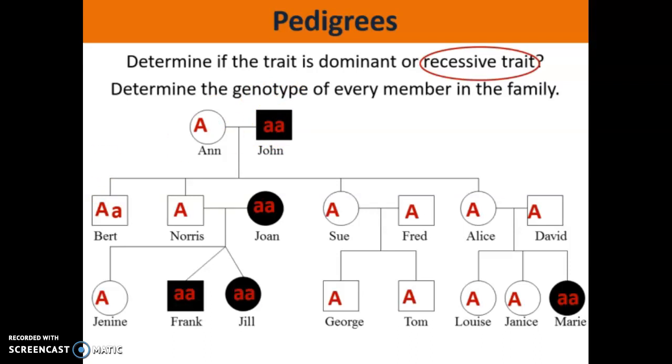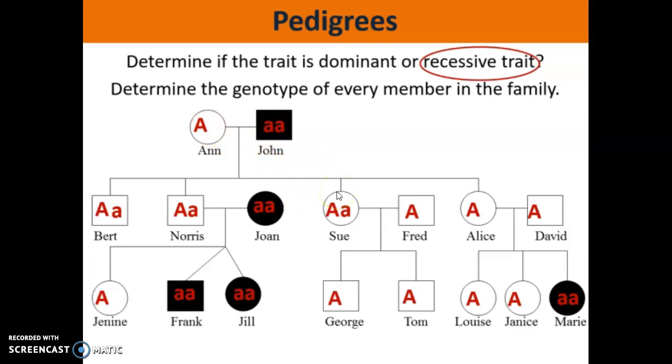That's why Bert's genotype is big A, little a. Norris, Bert's younger brother, is also going to be big A, little a, for the exact same reason. Anne and John also have a daughter, Sue, who is big A, little a again: big A from mom, Anne, little a from John.